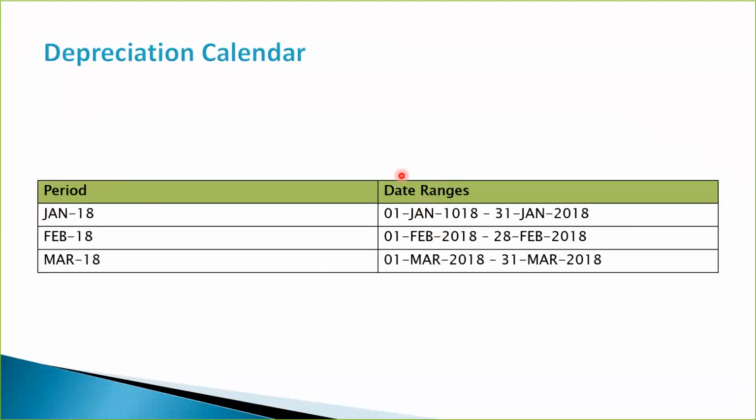So you can use your depreciation calendar as your prorate calendar, because once the system checks that the prorate date belongs here, and these are the number of days in the period, then it will be able to calculate the full depreciation expense for this particular period, if this is the first period of the asset's life.